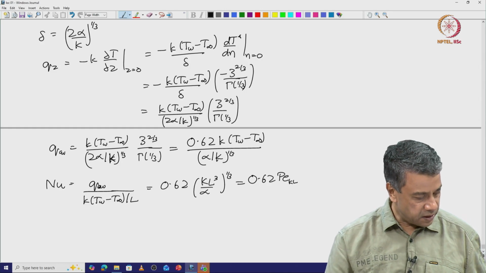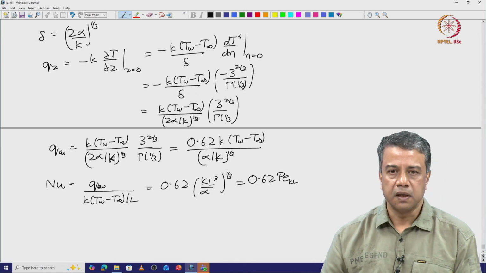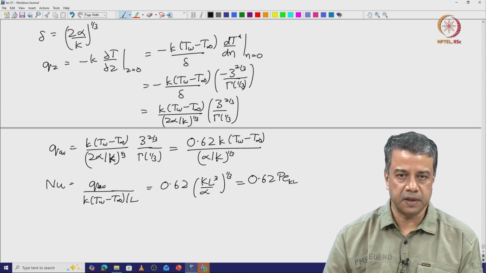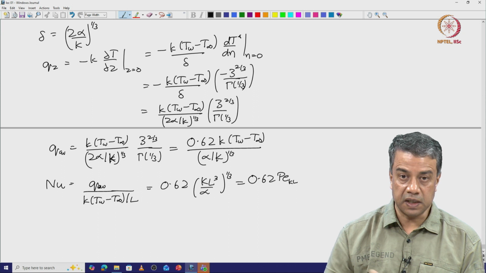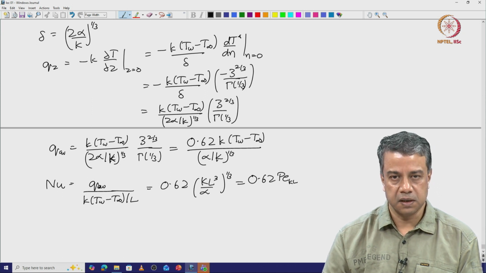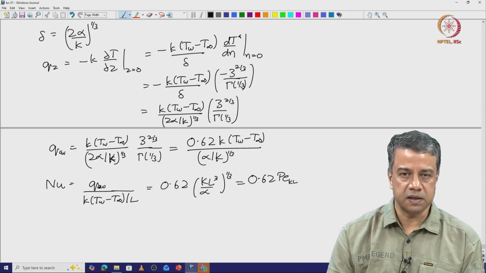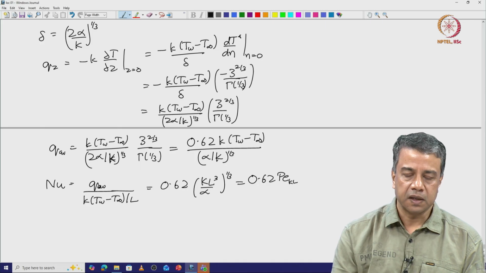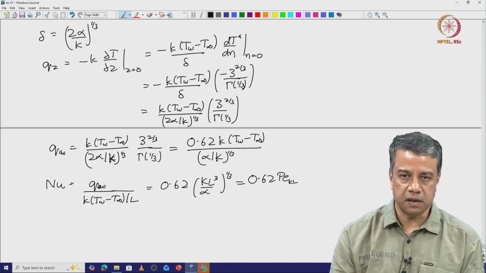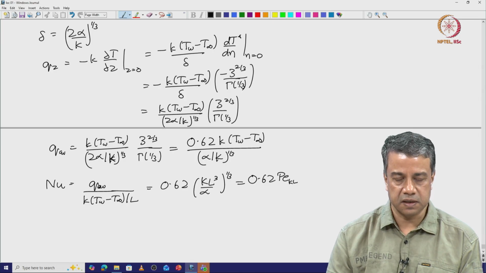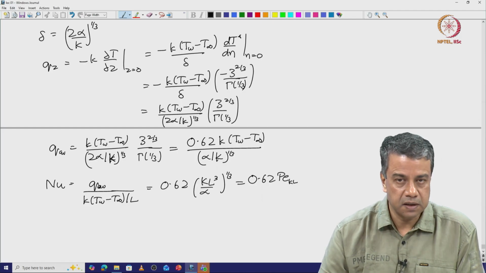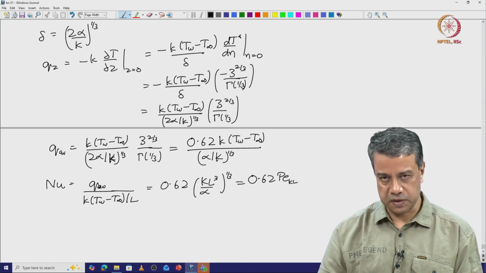Similar problem, note that the temperature field expressed in terms of the variable eta, the equation for that was exactly the same for the flat plate and stagnation point flow. The expression for delta in terms of x was changing. So once you got the temperature field in terms of eta, it is the same for any flow in which there is a no slip condition at the surface. The heat flux and the boundary layer thickness in terms of x is changing. Therefore, the heat flux at the surface is dT by d eta times 1 over delta, into a factor of the thermal conductivity and temperature difference.